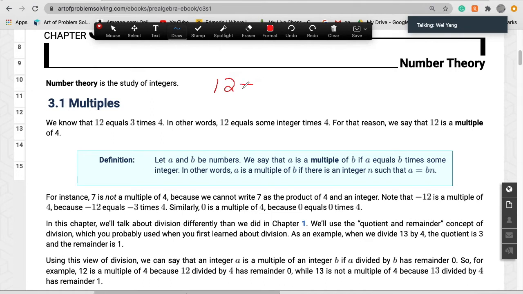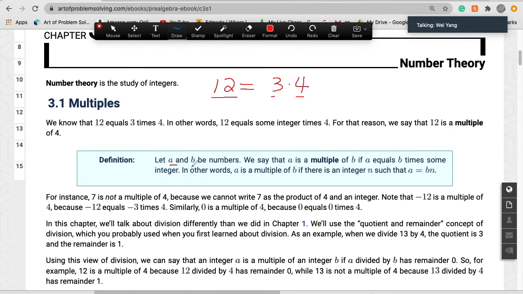If you can write 12 equals 3 times another number, we can write 12 equals 3 times 4. Then we can say 12 is a multiple of 3 and also a multiple of 4. So the definition of multiple is this.